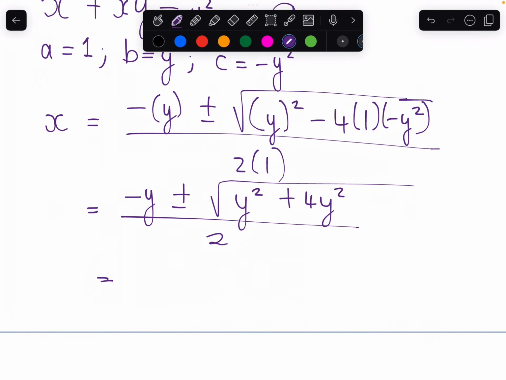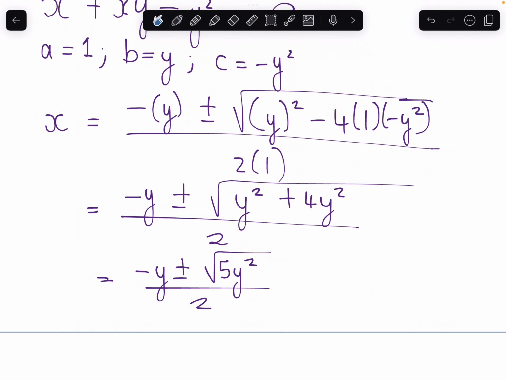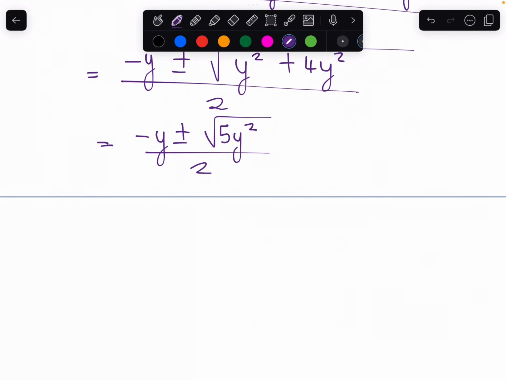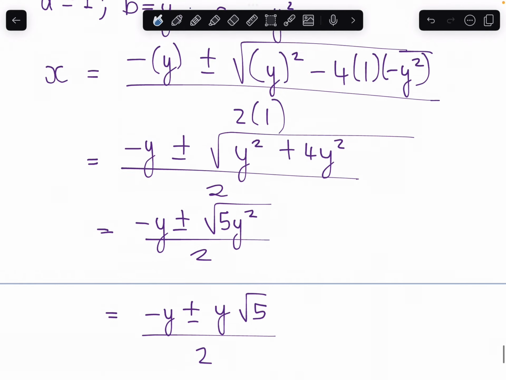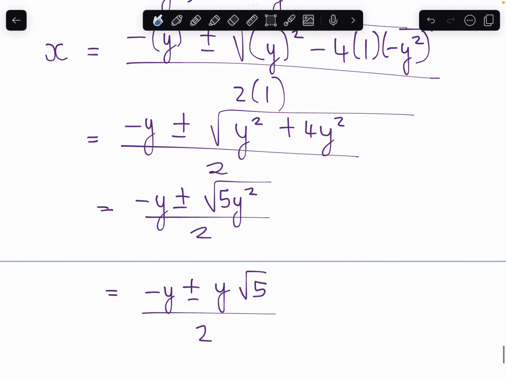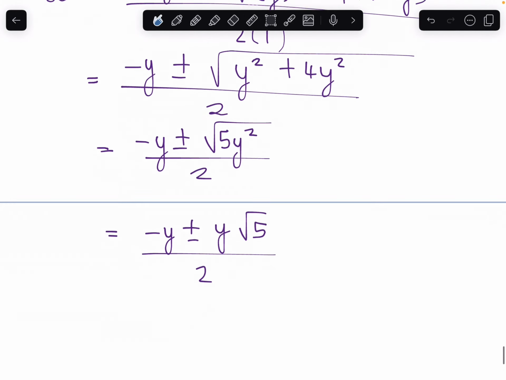So that is minus y plus or minus the square root of 5y squared over 2. And this we can just write as minus y plus or minus y times root 5 over 2. So we now have an expression for x in terms of y.